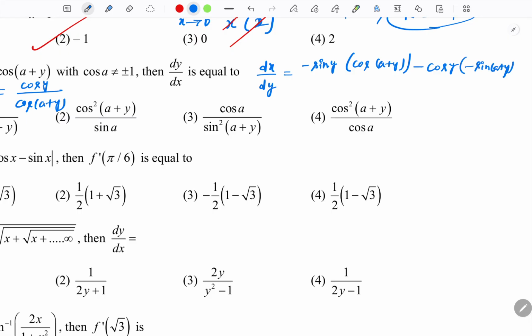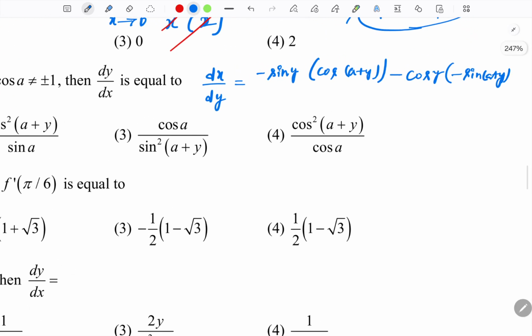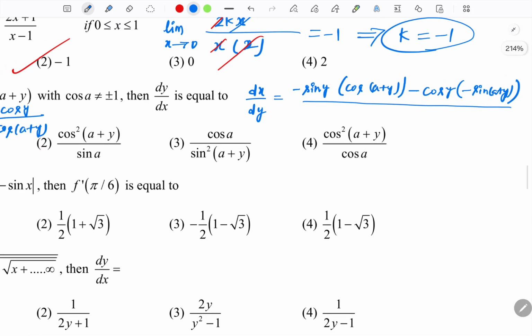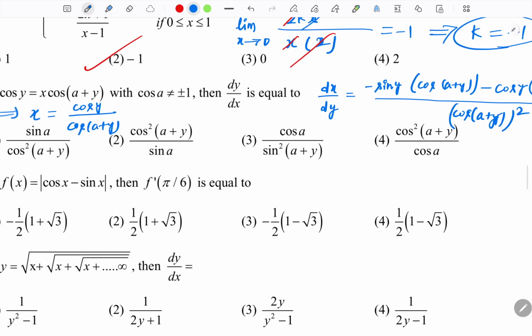If I do the internal derivative of a plus y, how much will it come? It's 1, right? No need to write. Dividing by the denominator, cos of a plus y whole square. It is cos square of a plus y.